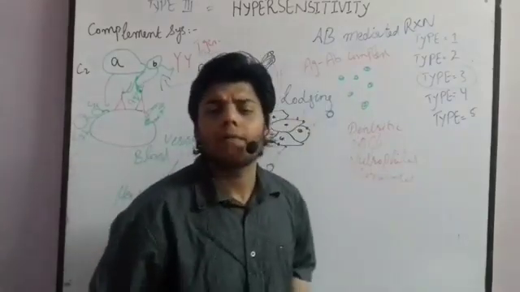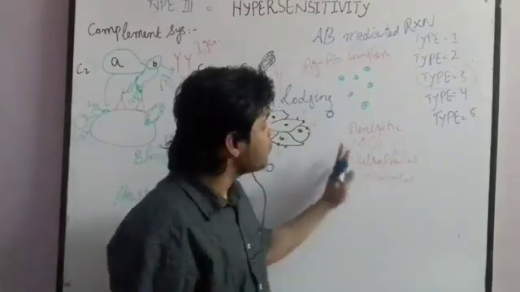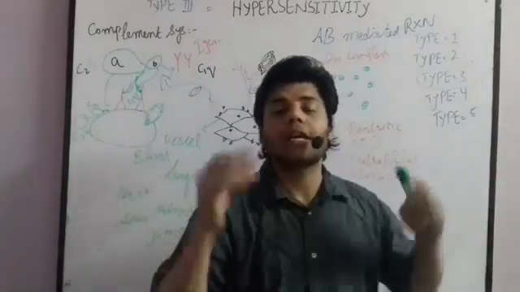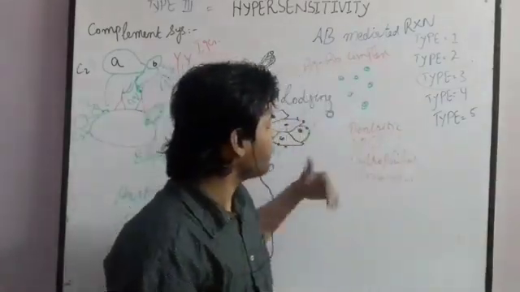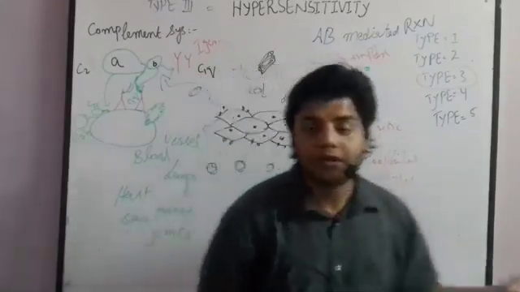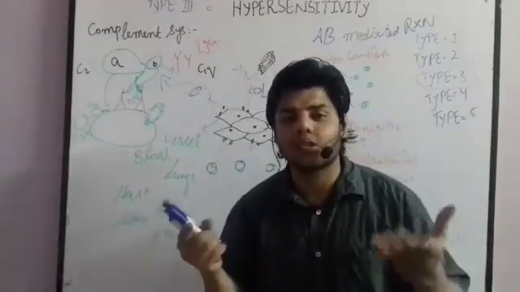Usually we call them phagocyte cells. So they call upon the phagocytes, and inside the phagocytes they will call upon dendritic cells, macrophages, neutrophils, monocytes. So these cells get activated.